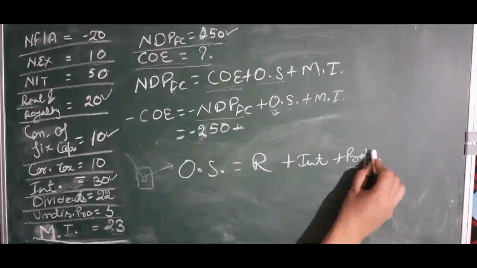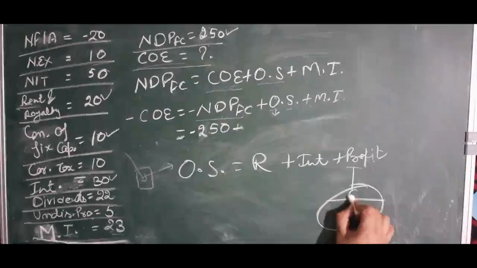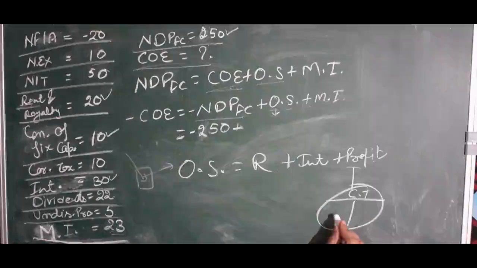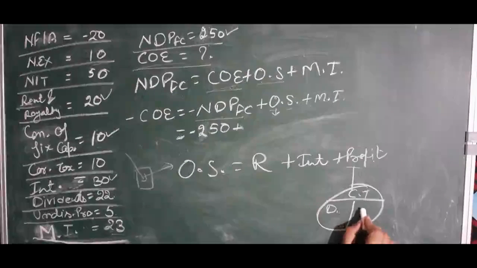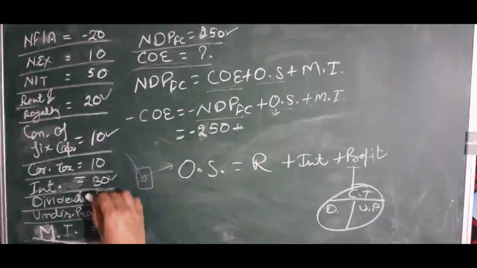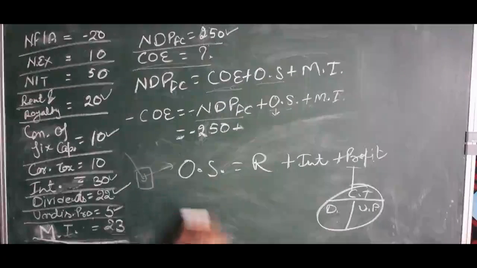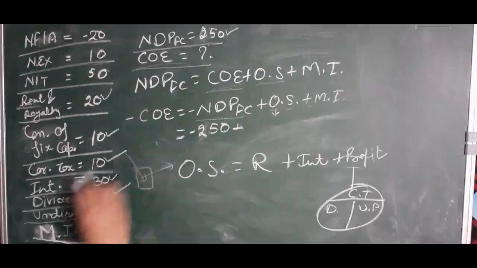And we know that profit has three parts: corporate tax, dividend, and undistributed profit. In this question, we are given all three variables: dividend 22, undistributed profit 5, and corporate tax 10.